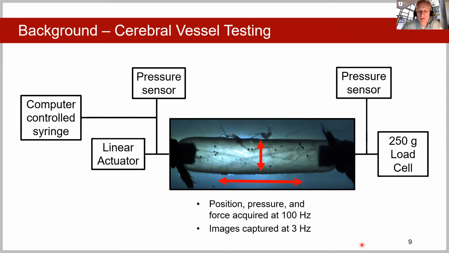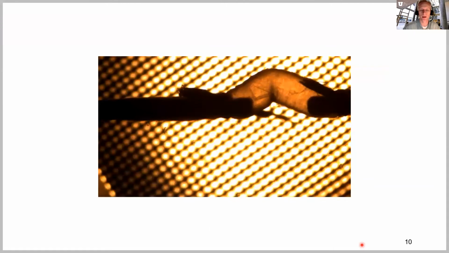And once we've done that, we can pressurize the vessel and we can stretch the vessel. Okay, and we can measure the pressure and we can measure the force that's required to stretch it. We can also measure the amount of deformation or shape change that the vessel undergoes with the applied loading, right? The pressure and the stretch that we apply.